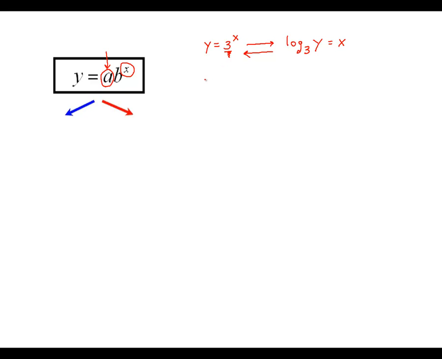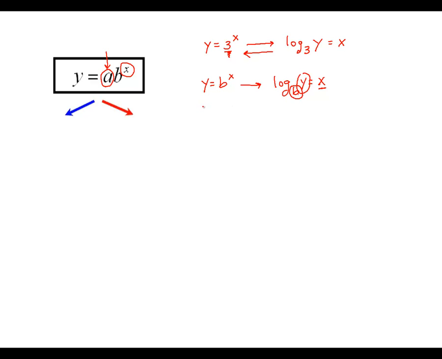The key here is, if we write this as y equals b to the x, we can always rewrite that as log base b of y equals x. Essentially it's saying this base would have to be raised to this. We're always solving for the exponent.